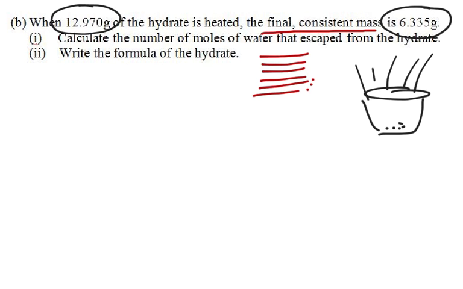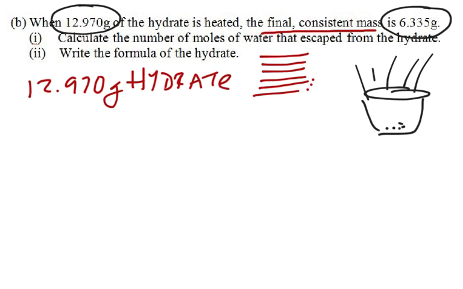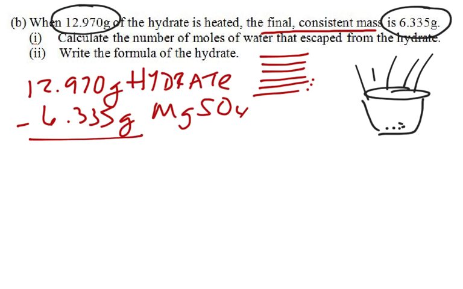So calculate the number of moles. Well, first we have a subtraction problem to do, and that is we have 12.970 grams of the hydrate, and that represents the magnesium sulfate and the water, and we're going to subtract the 6.335 grams, which was the anhydrous magnesium sulfate. So what we get left over, which is 6.635 grams, must be the water.